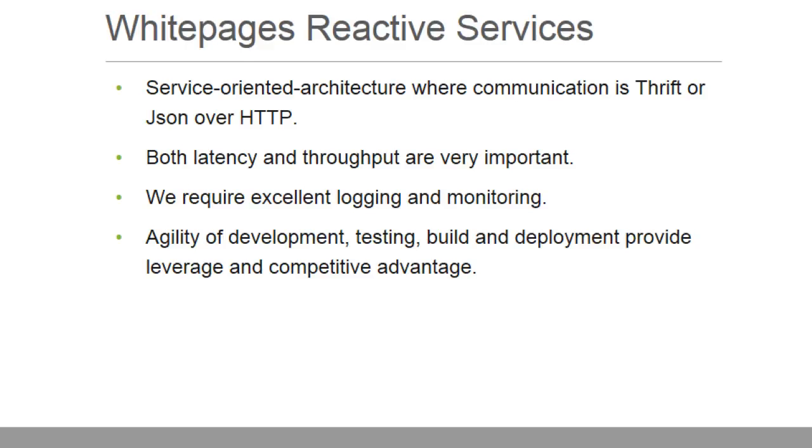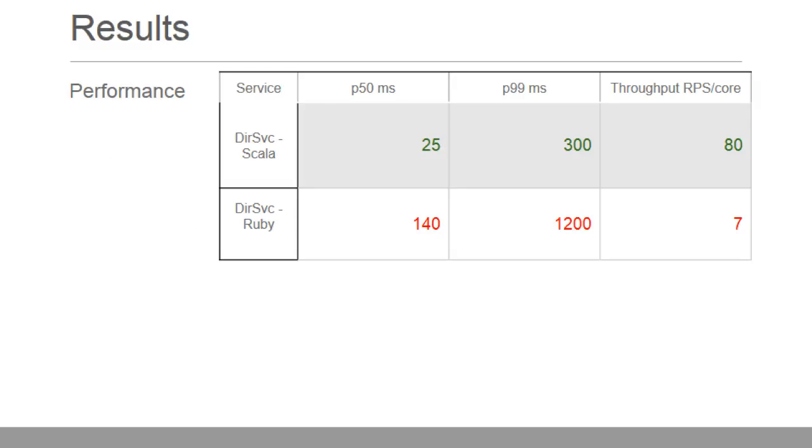So after we transitioned some of our services from Ruby to Scala, we ran some measurements to quantify how the new architecture is doing, what is the impact of Scala, and is this a direction we want to continue in. So let me share with you some numbers.